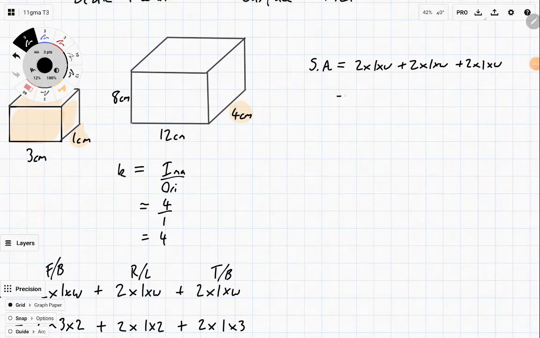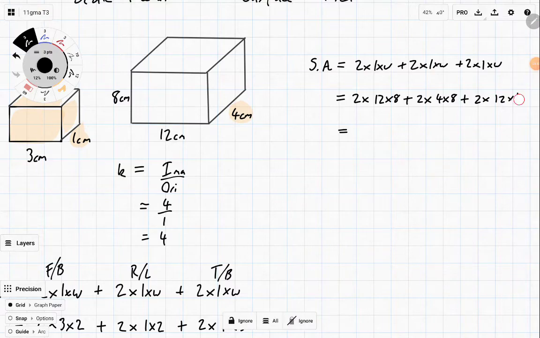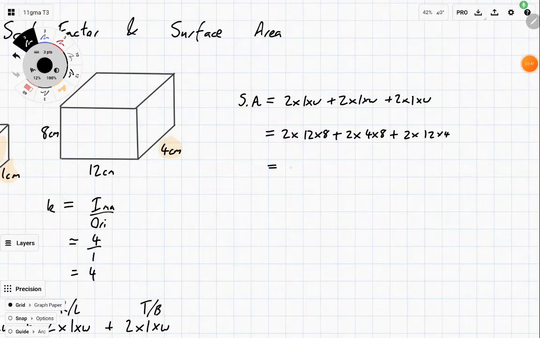In this case, it's going to be 2 times 12 times 8 plus 2 times 4 times 8 plus 2 times 12 by 4. And that's going to be our total surface area for the 6 different faces that are all rectangles. And we get exactly 352 square centimeters.